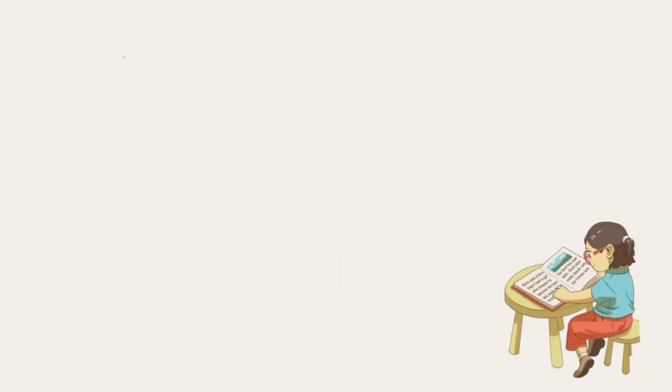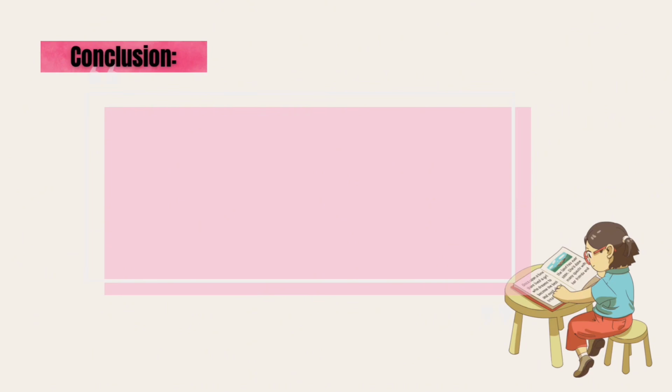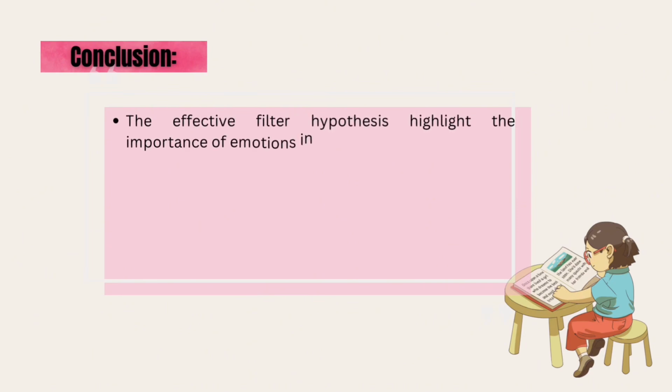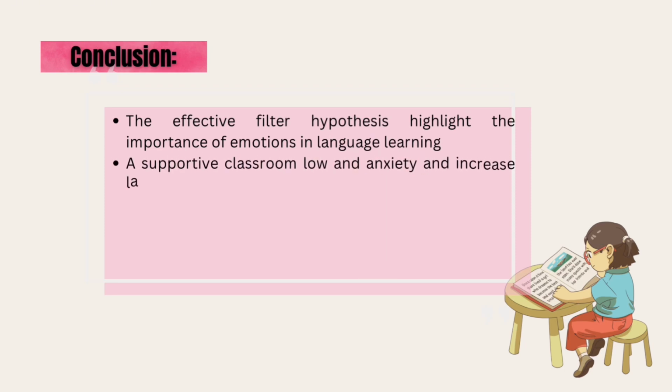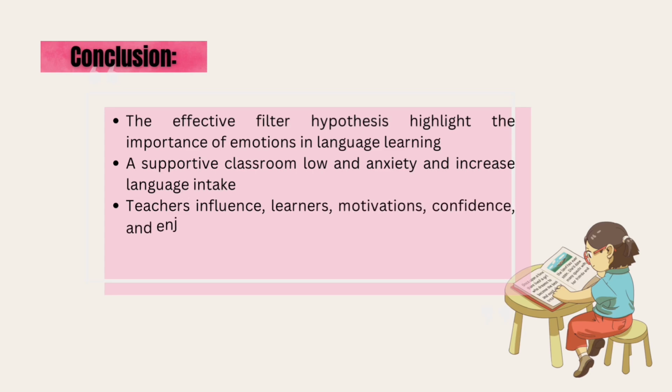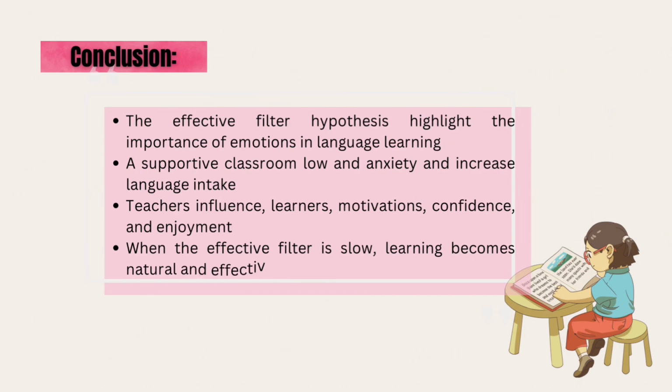Conclusion. The affective filter hypothesis highlights the importance of emotions in language learning. A supportive classroom lowers anxiety and increases language intake. Teachers influence learners' motivation, confidence, and enjoyment. When the affective filter is low, learning becomes natural and effective.